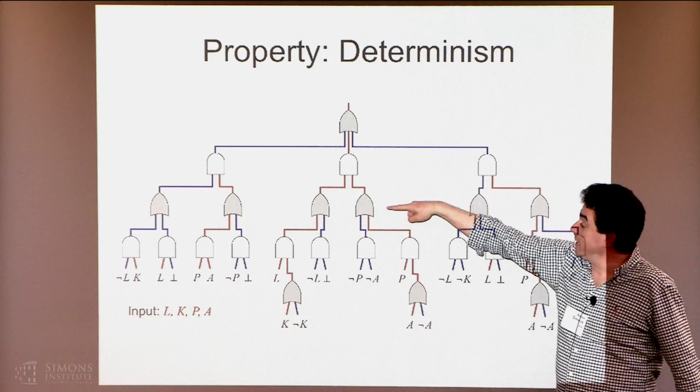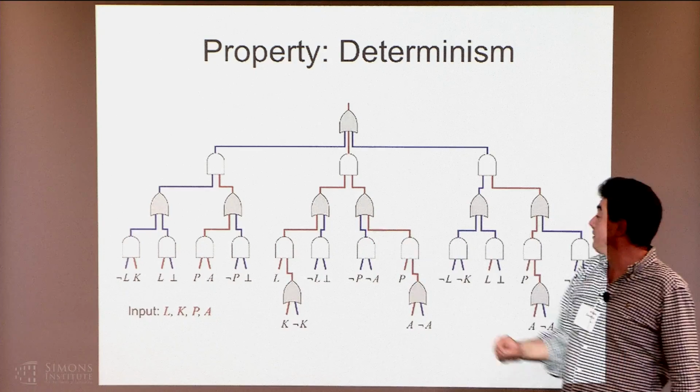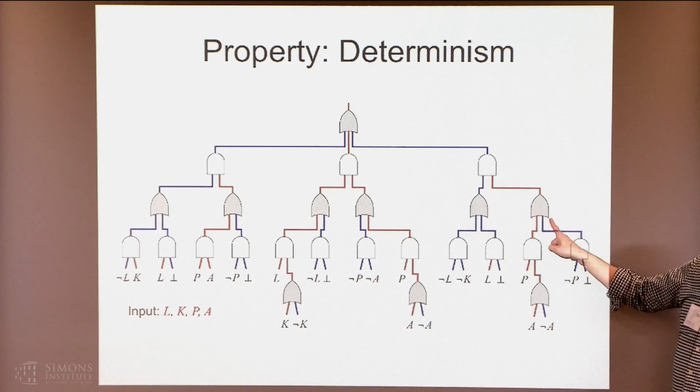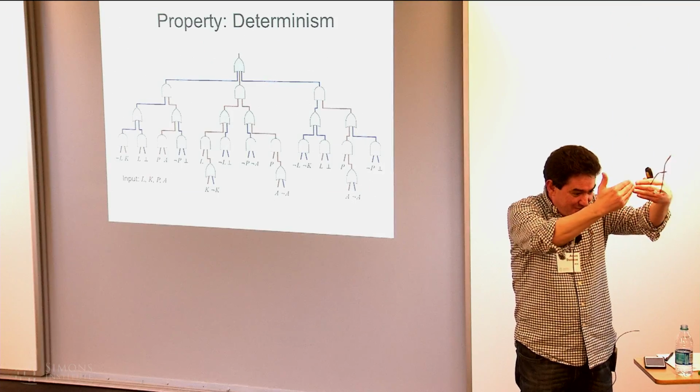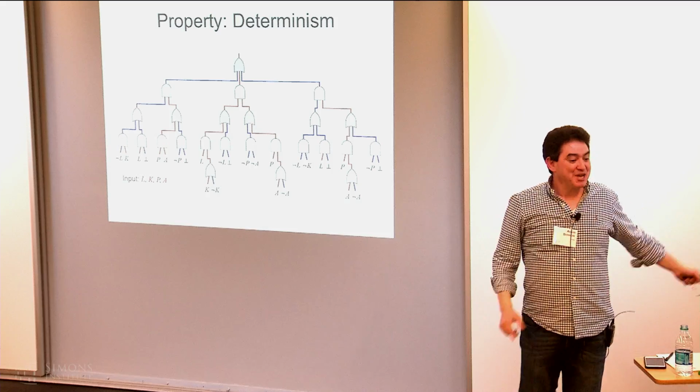You look at this OR gate: low, high, low, low, high, low. You cannot have more than 1 high input for any OR gate. That allows you to basically count. Once you have this with decomposability, now you can count in linear time on these circuits. You can imagine it's like alpha or beta. Alpha or beta can never be true at the same time. So it's mutual exclusiveness on ORs.